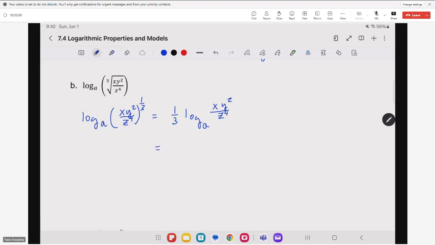And then my quotient rule. And then I see I have a product.